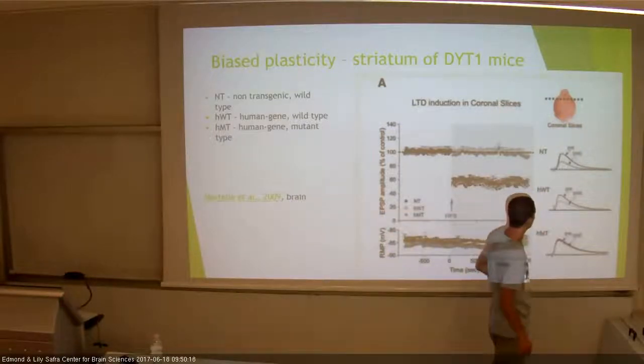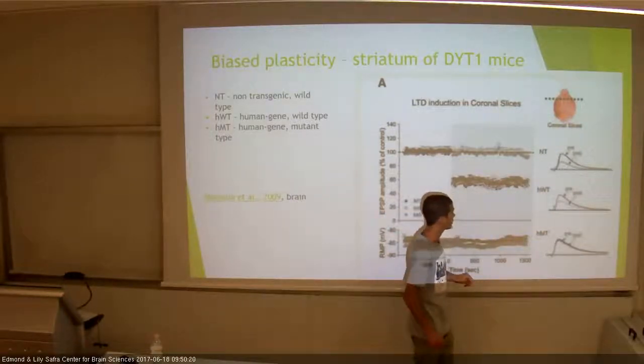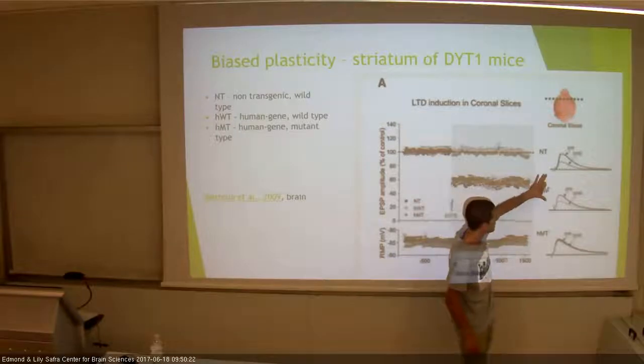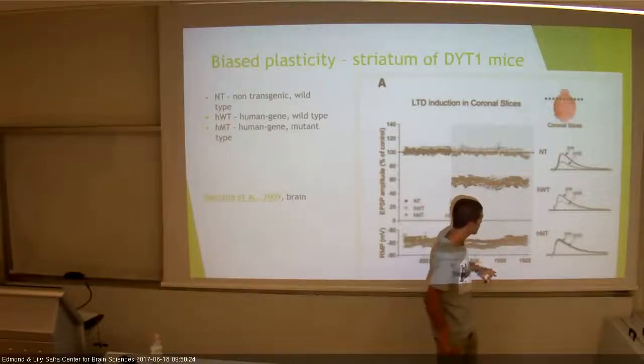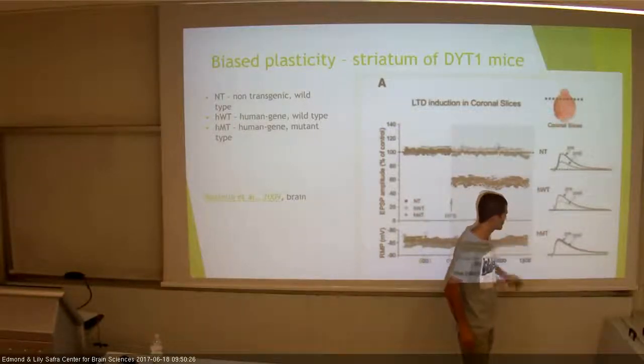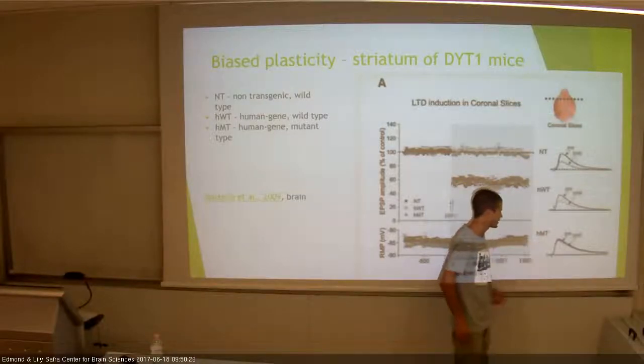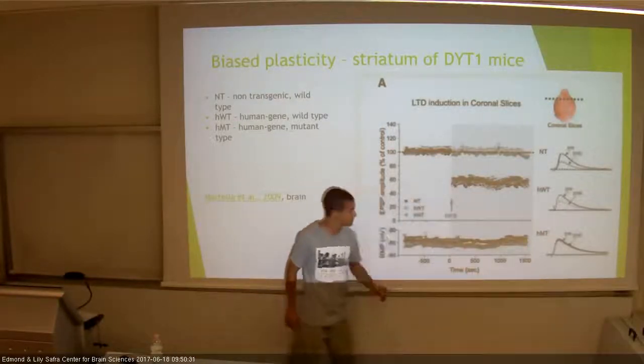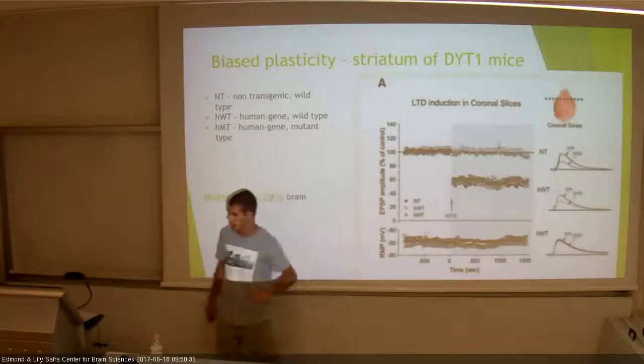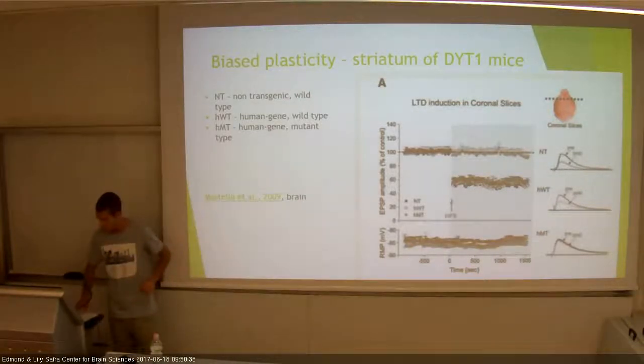You can see it here also in the EPSC shape and the amplitude. There is some difference between the control groups, but it's much more clear that the mutated group is not affected by the long-term depression high-frequency stimuli.